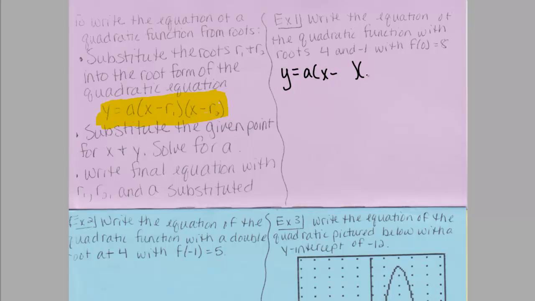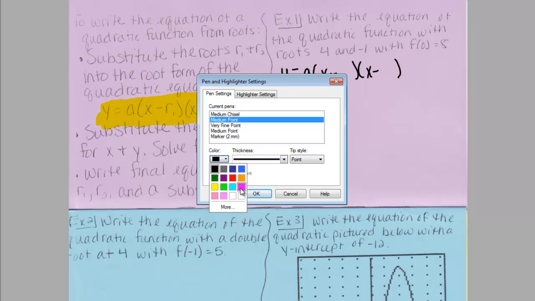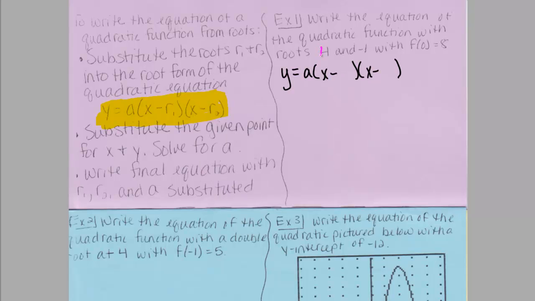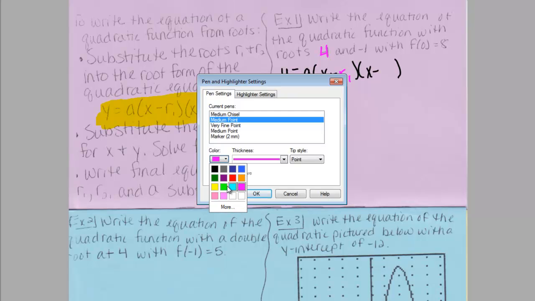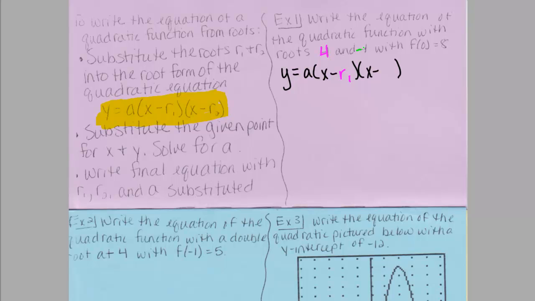I'm going to leave those off. And our R1 and R2. This will be my R1, and this will be my R2. Oh, sorry, we were actually just writing R2.